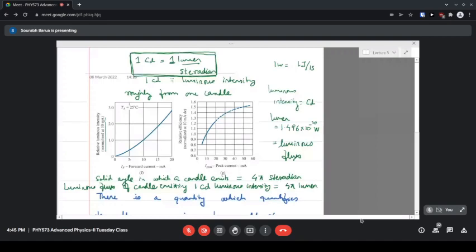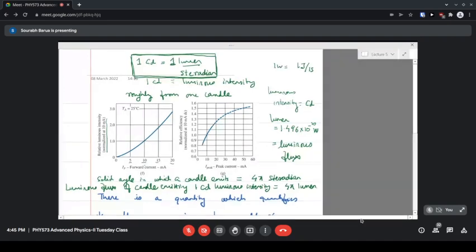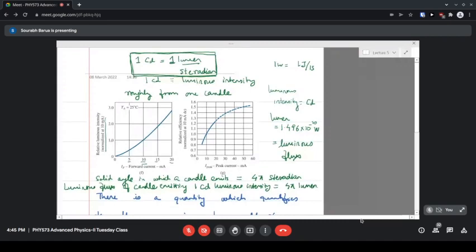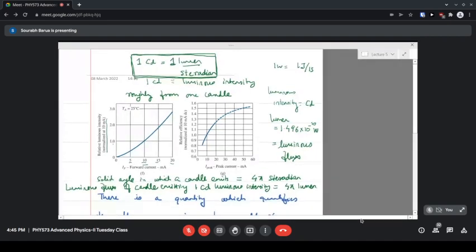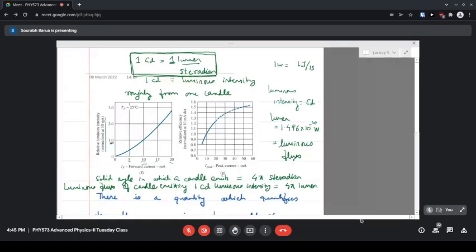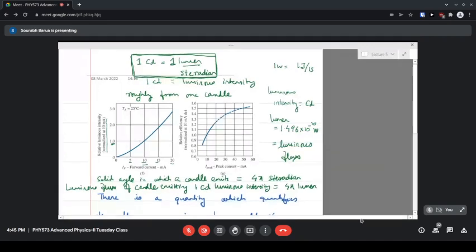We plot them and we divide them by the value at 10. So if we divide the value at 10 by the same value, we get 1, right? That is why you get 1 when you normalize the luminous intensity at different currents by the value at 10 milliampere. So that's why at 10 milliampere you get a relative luminous intensity of 1.